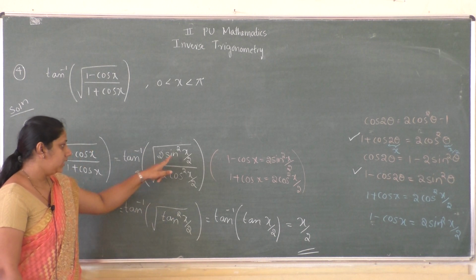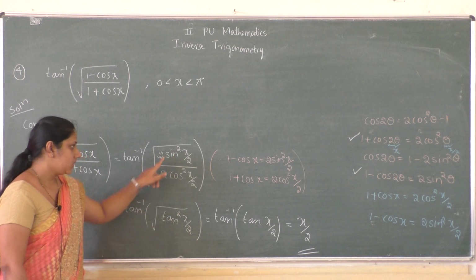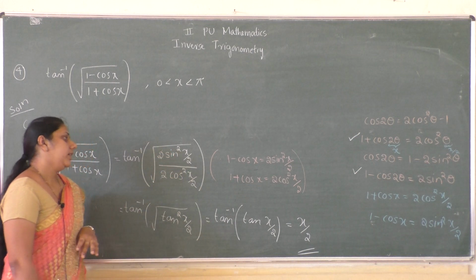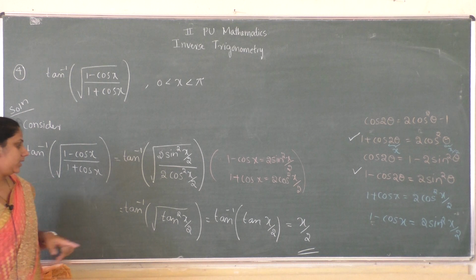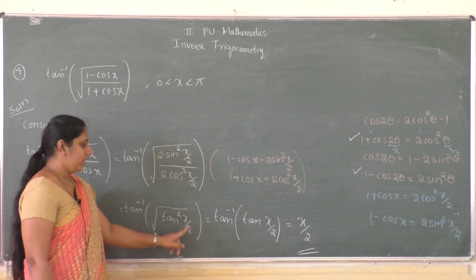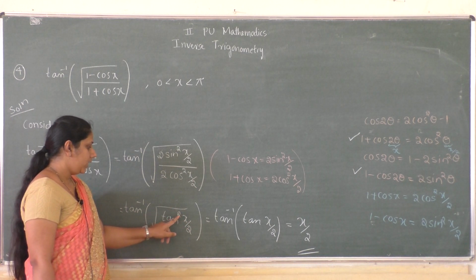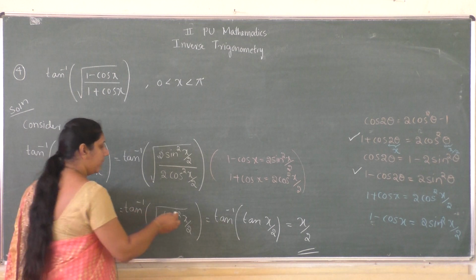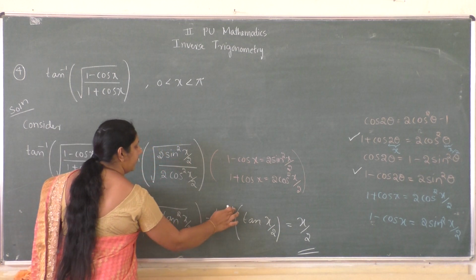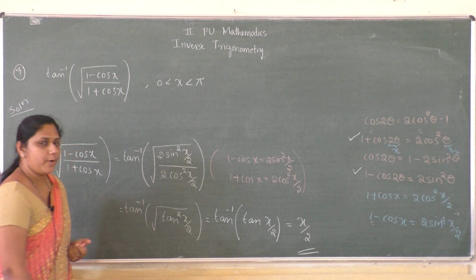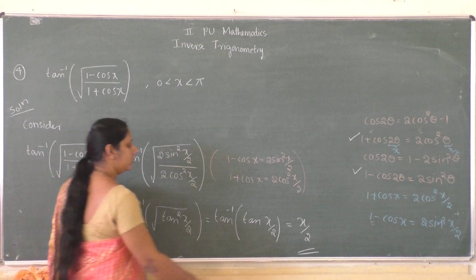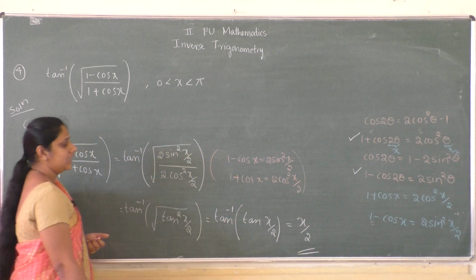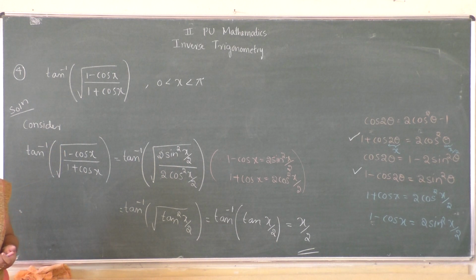The 2s get cancelled, sin by cos means tan, so sin square x by 2 divided by cos square x by 2 is root of tan square x by 2, and this square root and square get cancelled, remaining term tan inverse of tan x by 2, and by property the value is equal to x by 2. So this is the required simplified form.